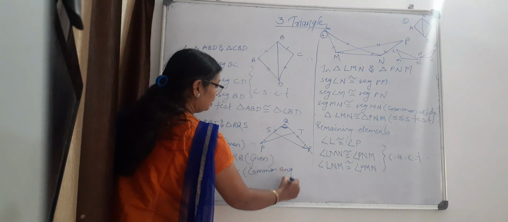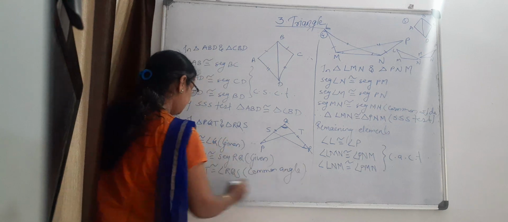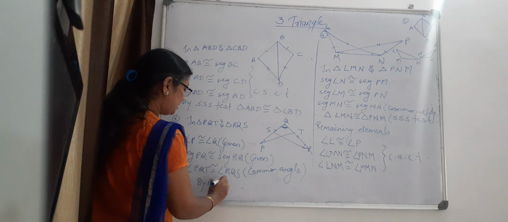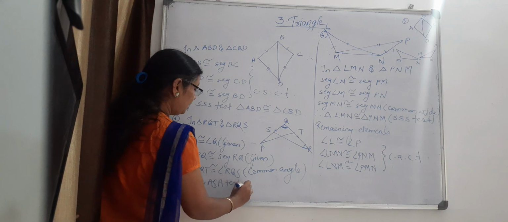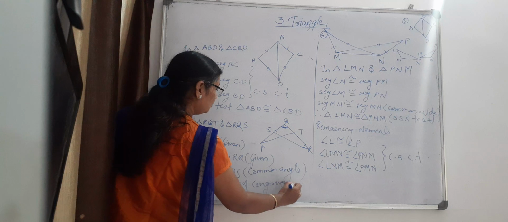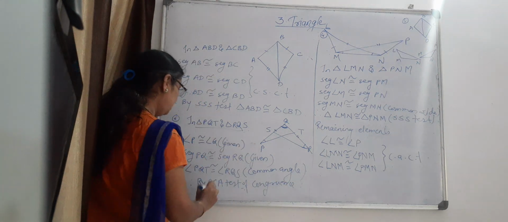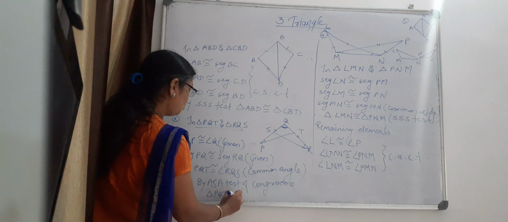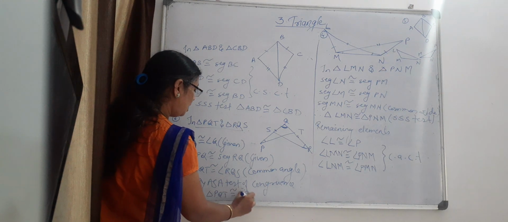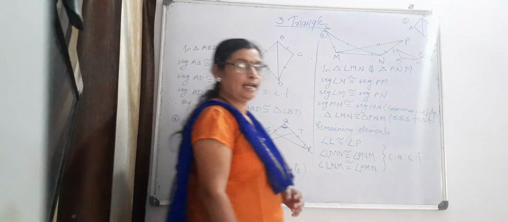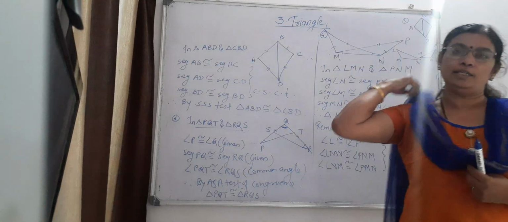Common angle. And therefore by which test? By ASA test of congruence. Which triangles are congruent? Triangle PQT is congruent to triangle RQS.